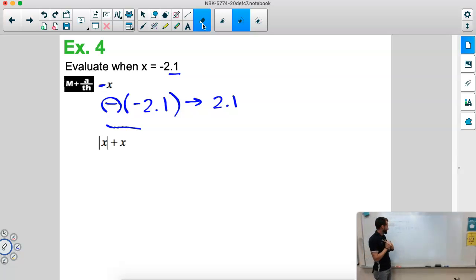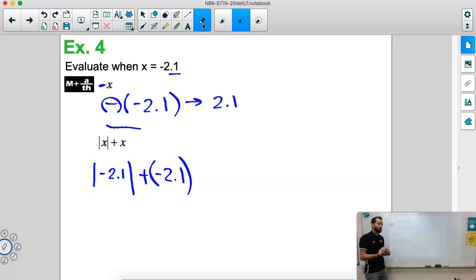Another way to think of this is think of this as multiplication. A negative times a negative is a positive. Okay. So this one, same thing, we're going to plug this in. Absolute value of negative 2.1 plus negative 2.1. If you want to put that in parentheses, that's how I'll normally write it, just so we understand. There's two signs here.